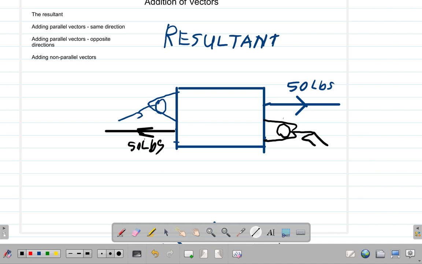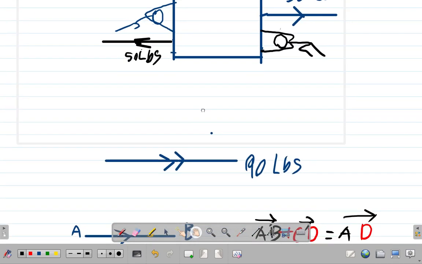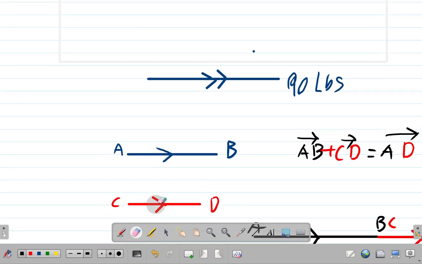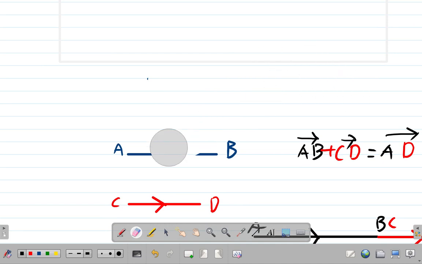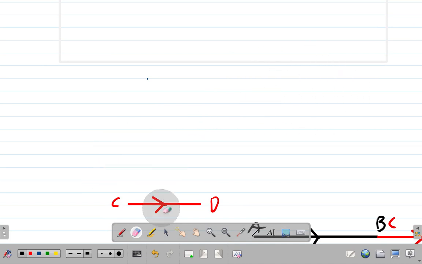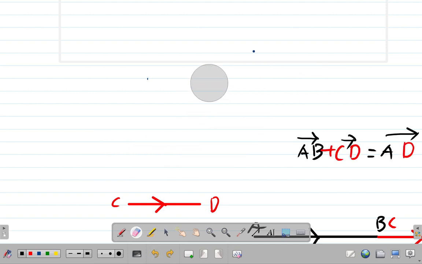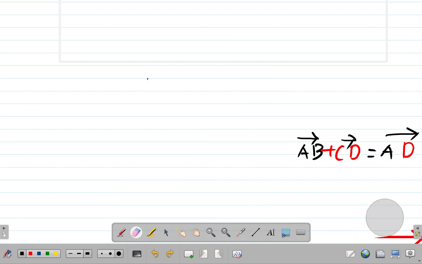Now, here, what would be the resultant? Let us see what would happen. Let's erase this. Oh, no. I don't want to erase this part here with the working.